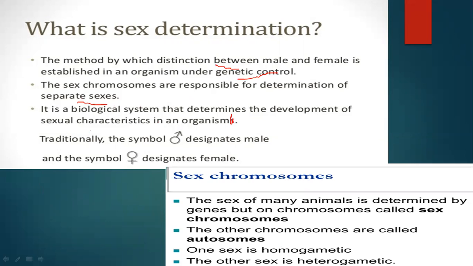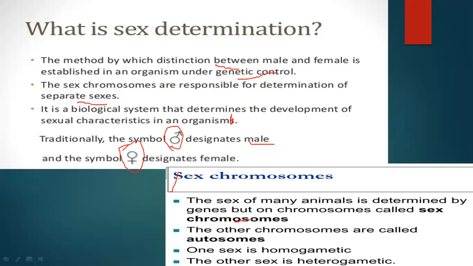Traditionally, in biology, we use this symbol for male and this one for female. Sex determination is done by sex chromosomes. The sex of many animals is determined by genes which are present on the chromosome.